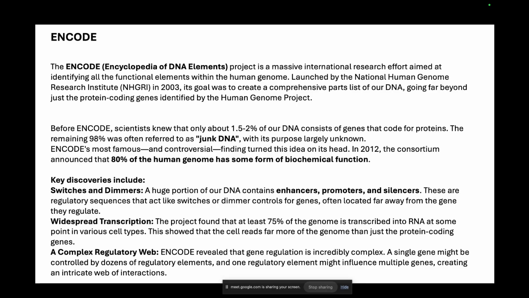You can knock out a particular gene from the genome, but there will be other genes doing similar work or producing similar proteins that take over the function of the gene you have deleted. So again, it's a very complicated affair, and this project helped us to understand that.